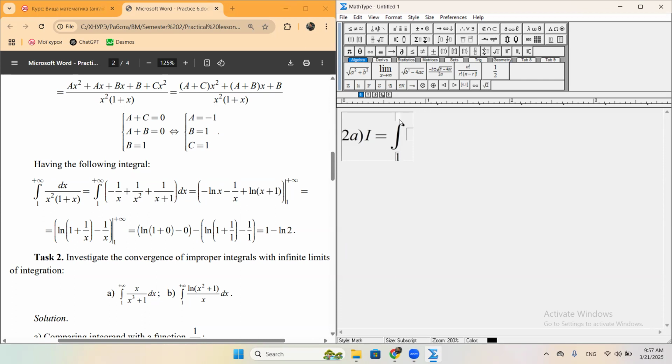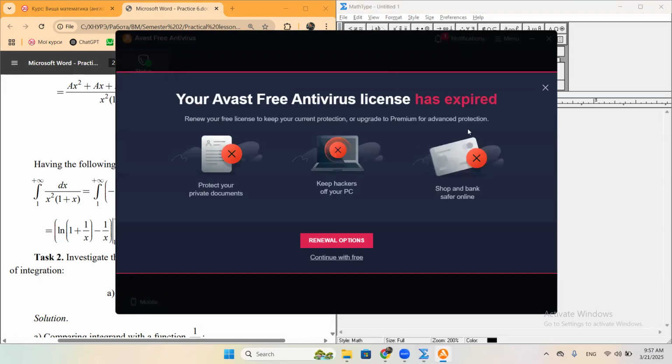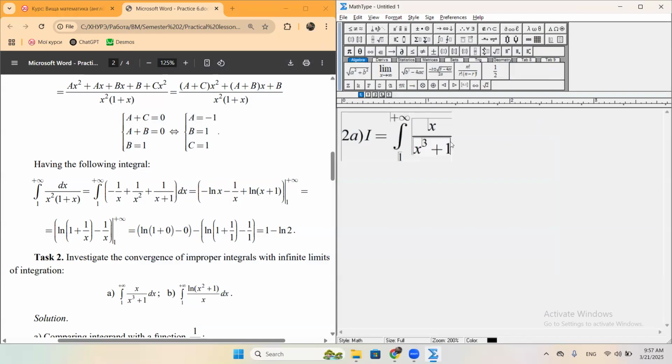If you see the text "calculate", you have to calculate it if it converges. So now only doing the investigation. So x in power, so x cubed plus 1 dx.